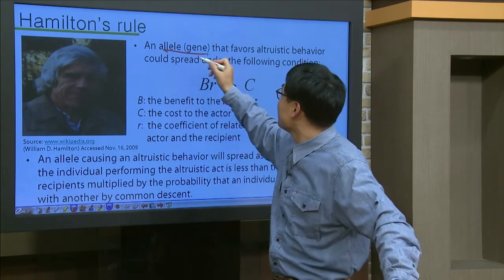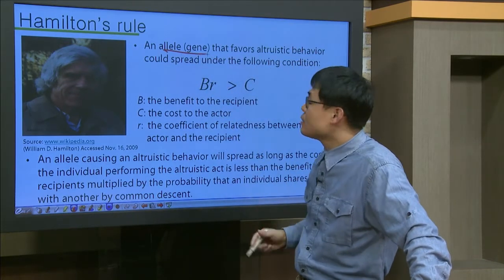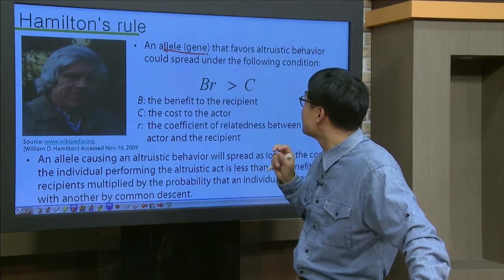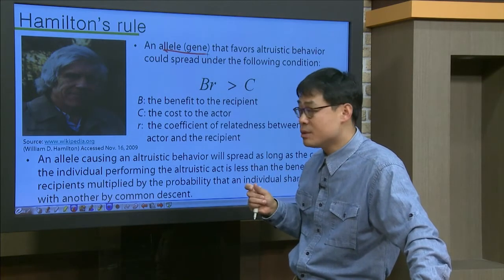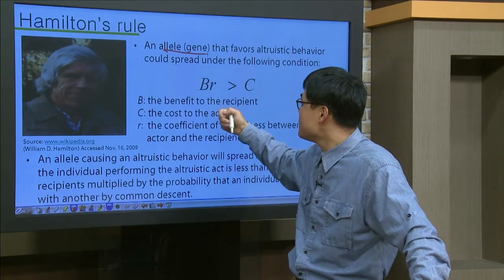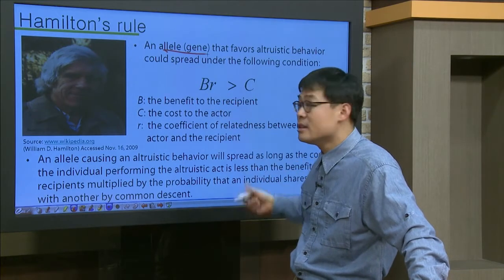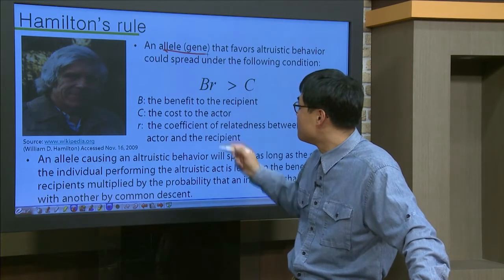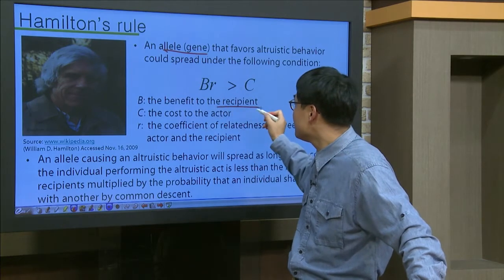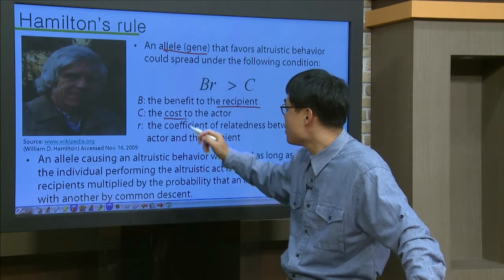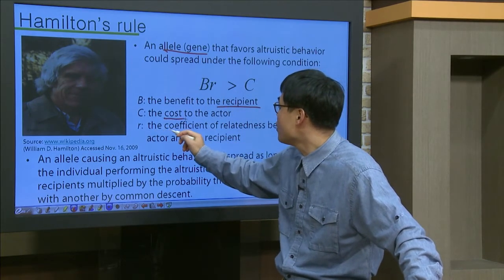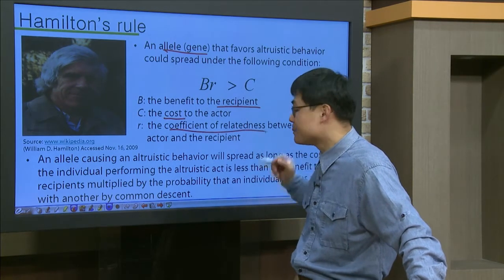So an allele that favors altruistic behavior could spread under the following condition: B times R is greater than C. B is the benefit to the recipient, C is the cost, and R is the coefficient of relatedness.